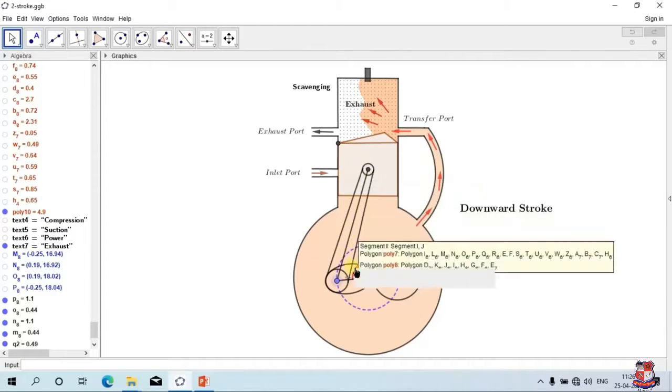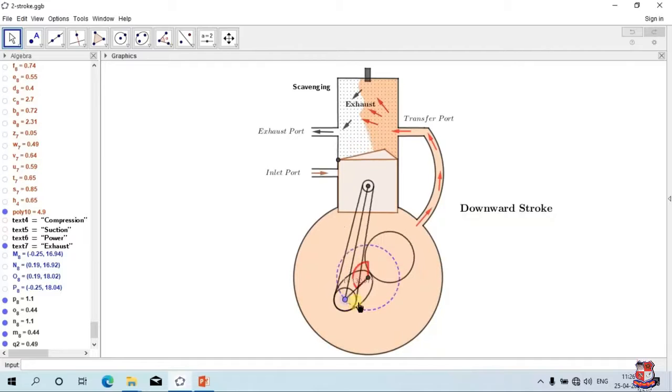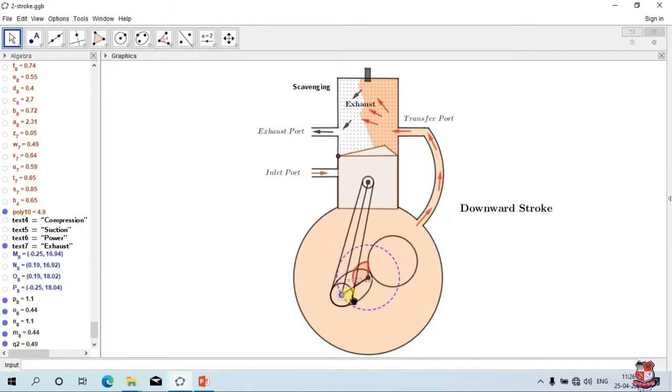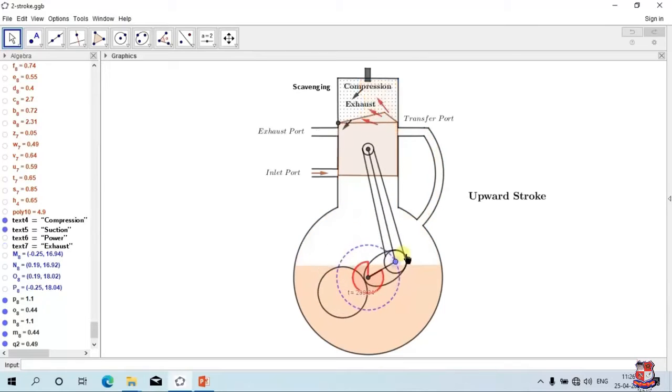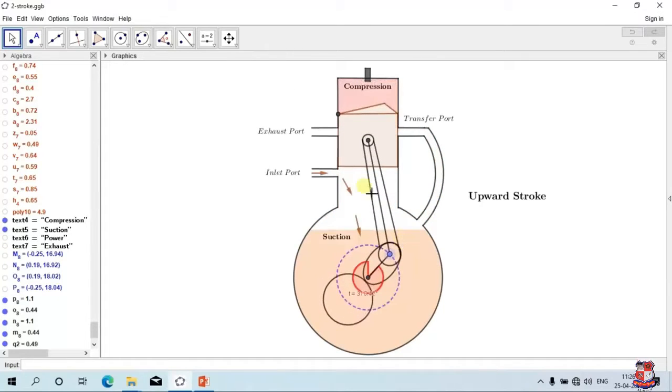Now when the piston is moving upward to this position, you can see the opening of the inlet port is unblocked, so there will be flow of charge inside the casing. And here you can see it is blocking the opening of the transfer port and exhaust port, so there is no movement through these ports while the piston is in this position.